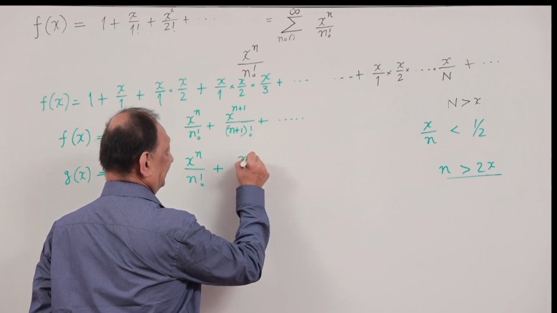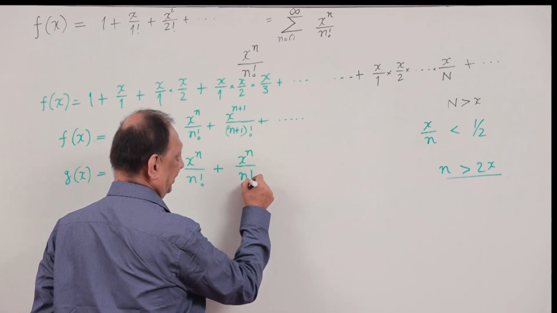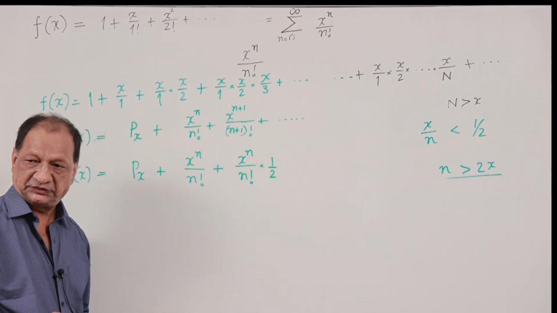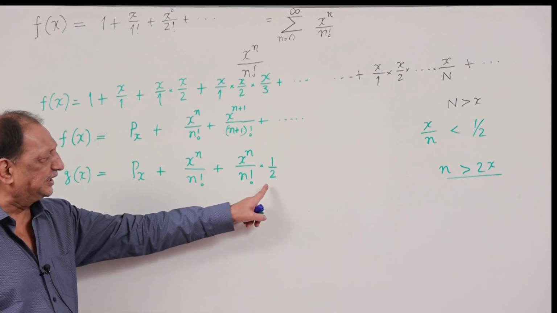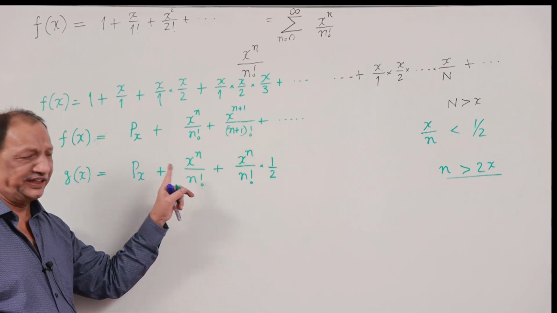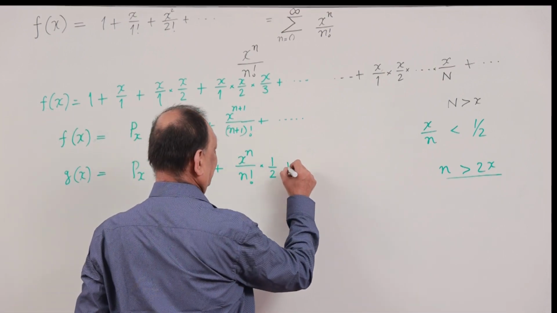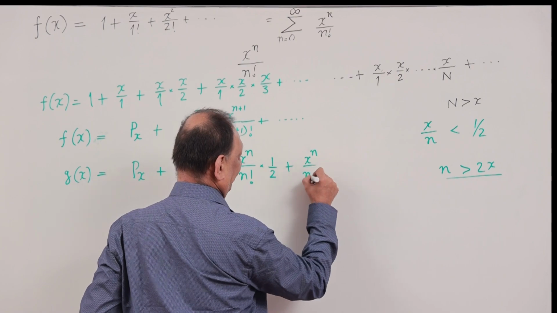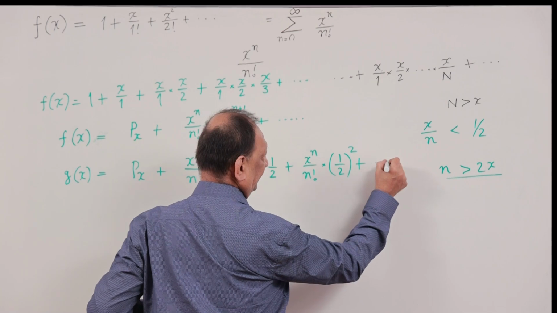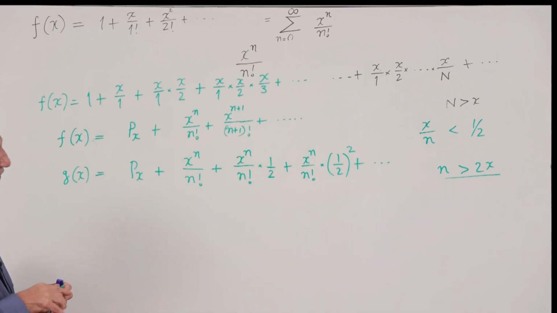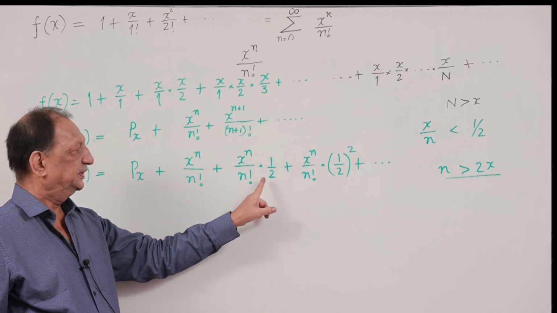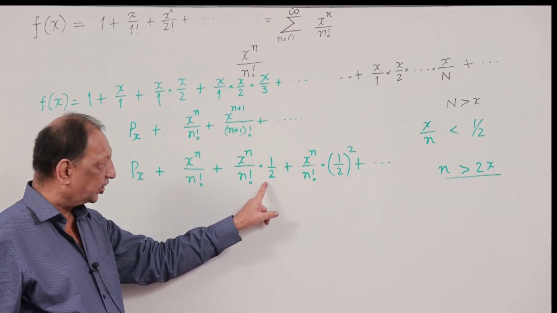Which means I will say x power n by n factorial multiplied by only half. It's actually less than half. I am multiplying by a bigger number. This is less than half, no? That x by n is less than half. Plus x power n by n factorial multiplied by half squared, plus etc. Correct?